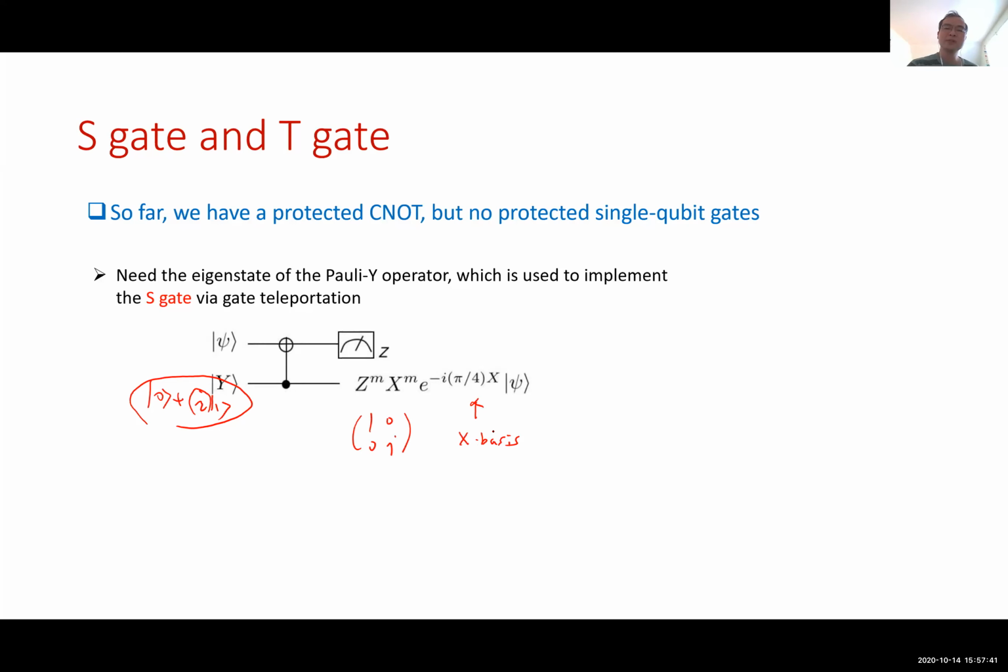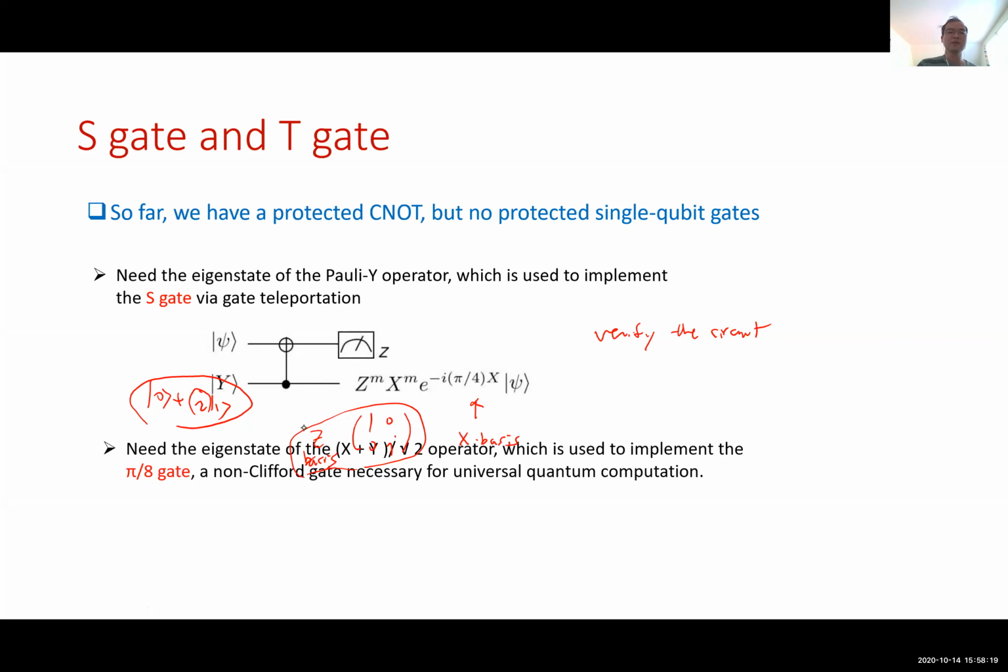You can verify the circuit so that you see that you get an S gate, but in the other basis, the X basis. Okay, this is the Z basis. So this is useful in the sense that I can not only do the diagonal gate, but I already have a rotation. Okay, but this is still Clifford.